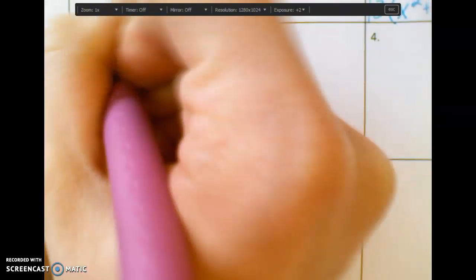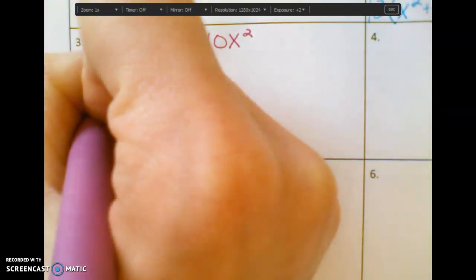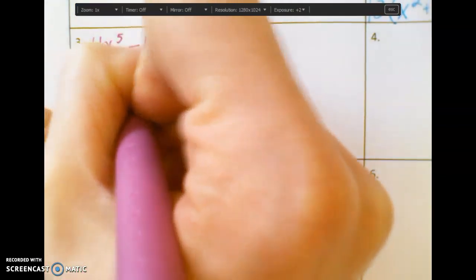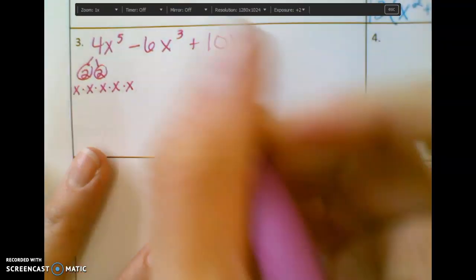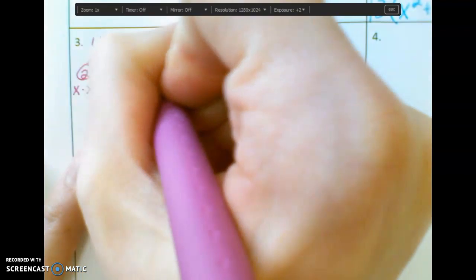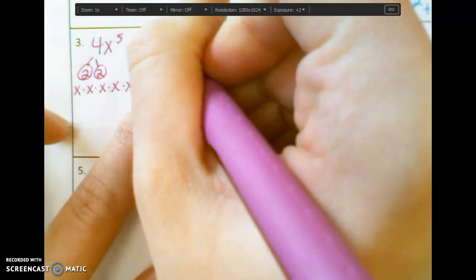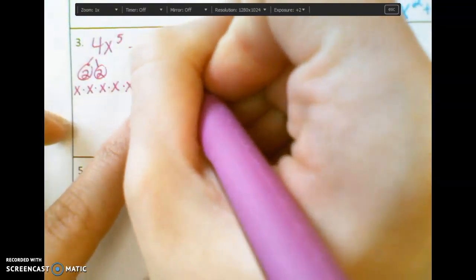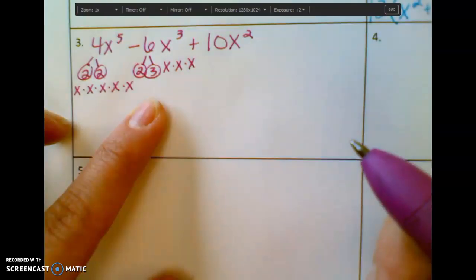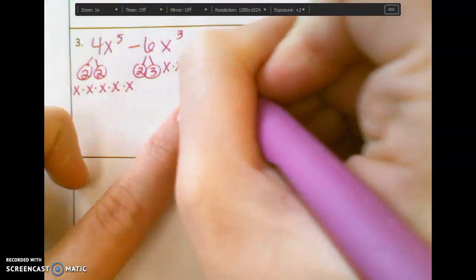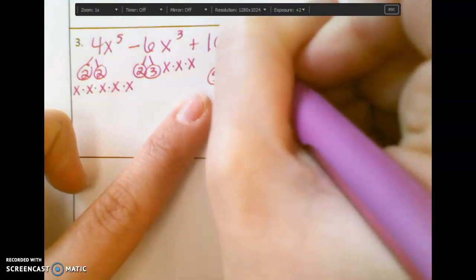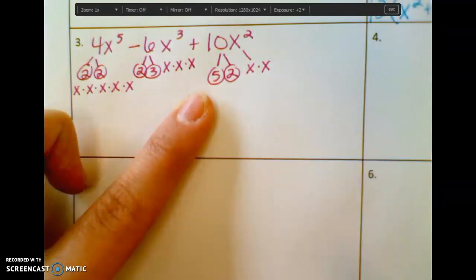And then, of course, x to the 5th is x times x times x times x times x. Well, 6, that goes to 2 and 3. And then x cubed is x times x times x. Then 10, that goes to 5 and 2. And x squared is x times x.